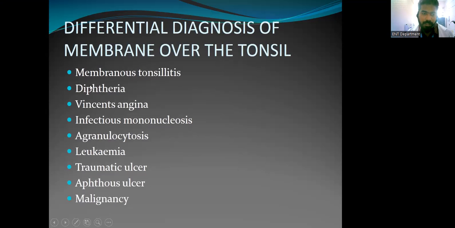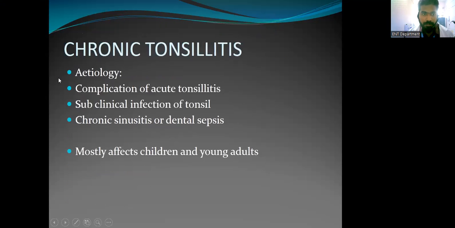In all these conditions, you can find a membrane over the tonsil, so we have to rule out the cause for the membrane over the tonsil. Okay, this is an important question which is asked in undergraduate level examinations: the differential diagnosis of membrane over the tonsil.